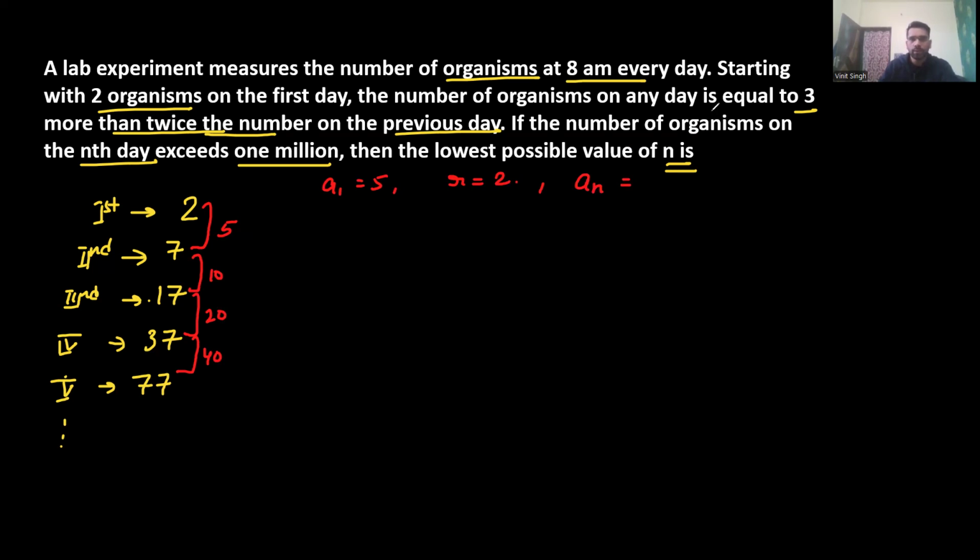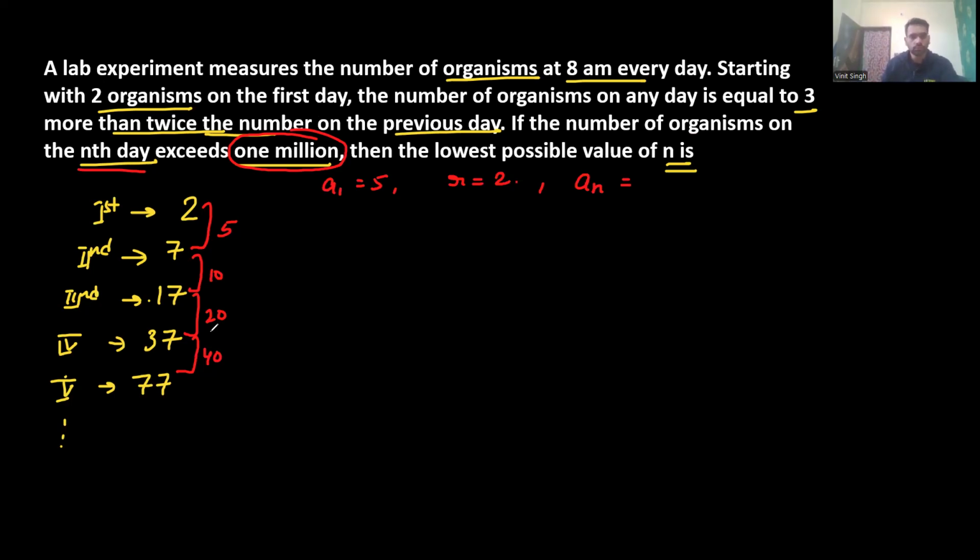The nth term is the number of organisms on the nth day exceeding 1 million. 1 million means 10 lakh. So we have to find the minimum number of days, the nth day, where the number of organisms will be greater than 1 million.